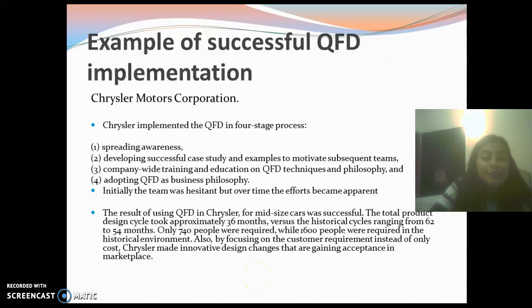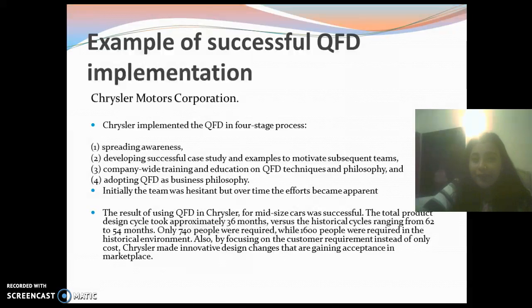Only 740 people were required in this, whereas on the other hand, 1600 were required in the past. Also, instead of only cost, Chrysler made innovative design changes that are gaining acceptance in the marketplace. What this essentially was is that they were the pioneers of QFD in the world.